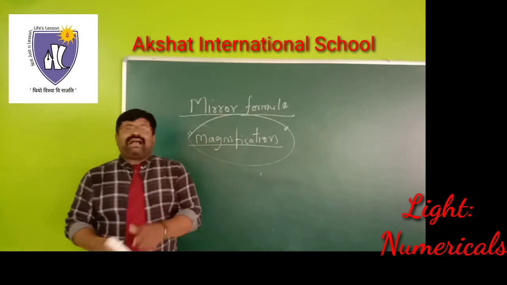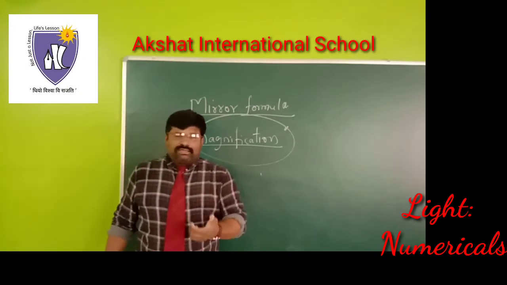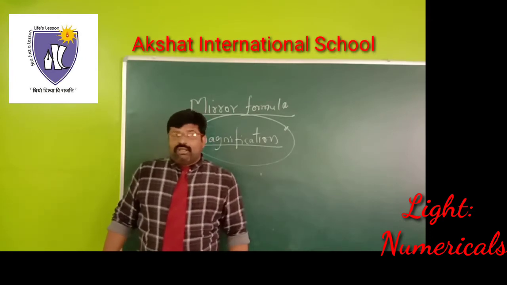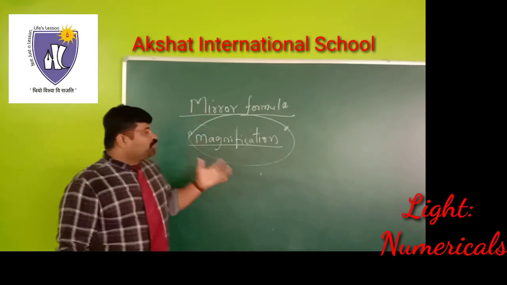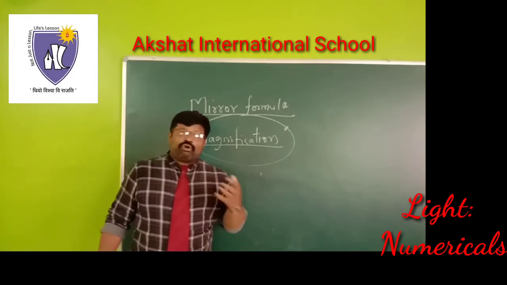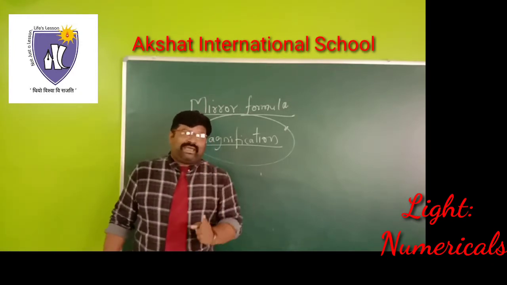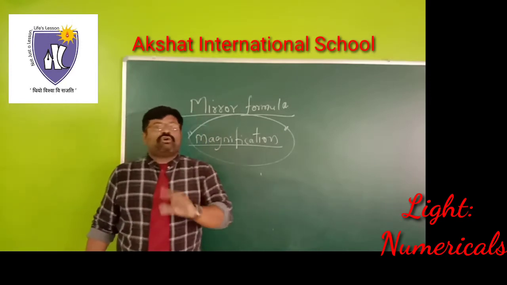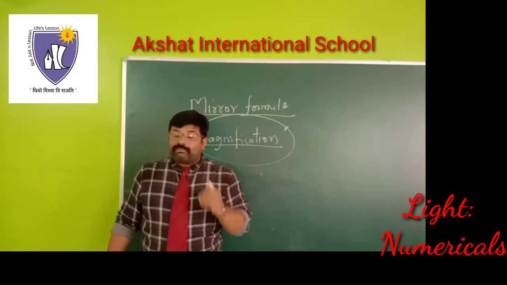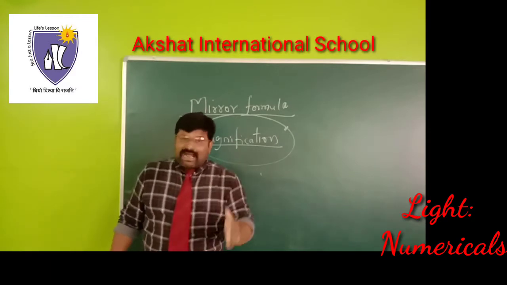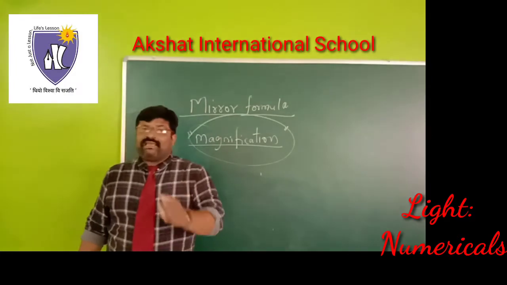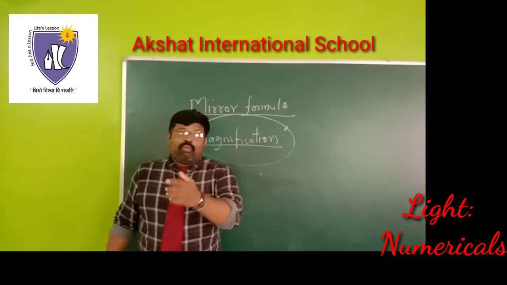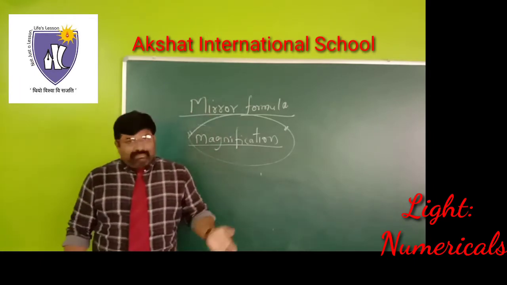Magnification is a kind of physical quantity, because we compare the size of the image with respect to the size of the object. That means if the height of the object is HO, then with respect to this height, what will be the height of the image?